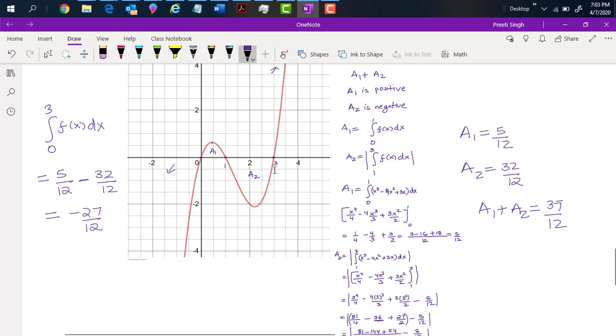Another way to differentiate net area and total area is to think of an analogy: distance. Thinking about distance, in one direction it covered this much distance, and when it went in the opposite direction, it covered this much distance. But when we talk about net area, the analogy is displacement.